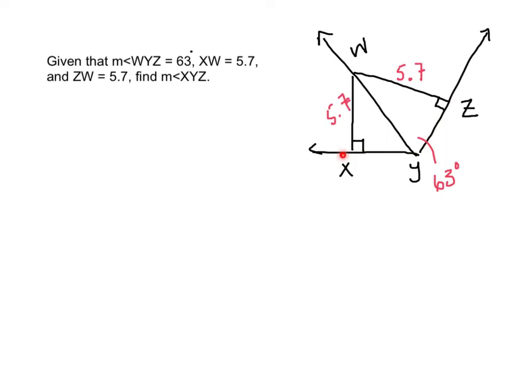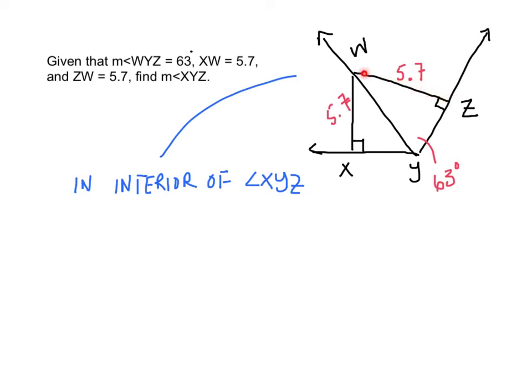One thing that I notice is that W is in the interior of angle XYZ. What that means is that it's on the inside. It's on the inside of angle XYZ, which it is. Another thing that I notice is that two lines coming up to W are equal. They're equidistant, meaning that W is equidistant.